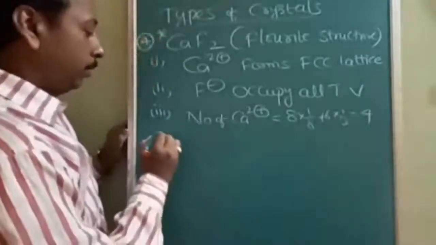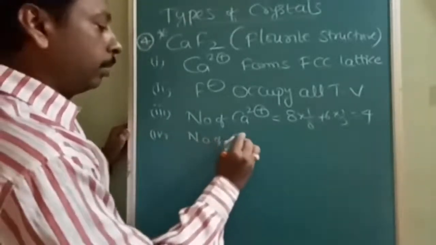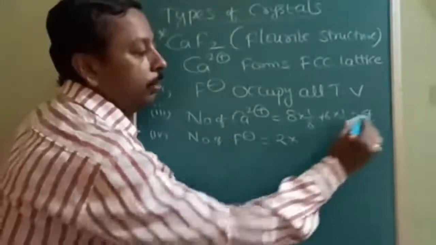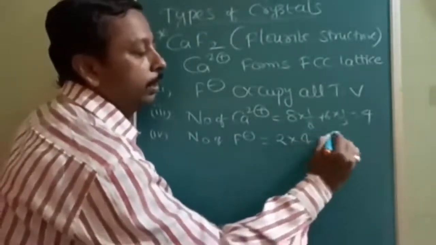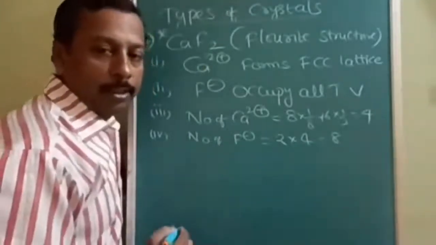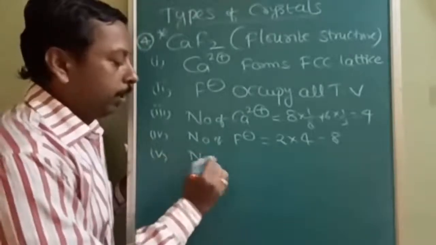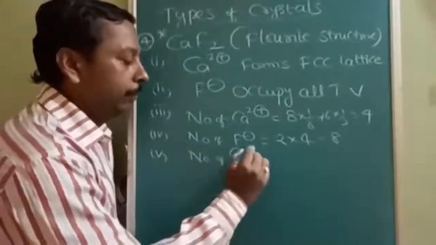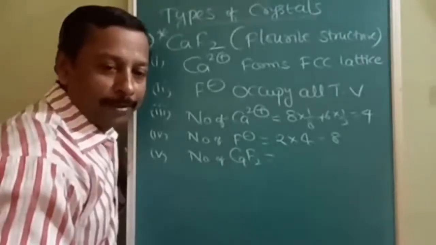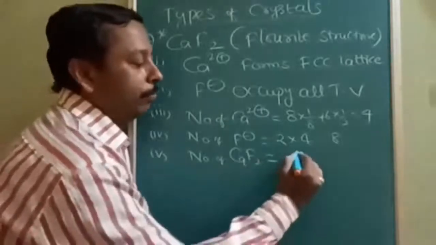Now the next point is the number of F minus. Here all tetrahedral voids are occupied, so 2 into lattice points 4, that is 8. Number of F minus is 8. Any doubt? Now the problem will come. If I ask the number of CaF2, it will be 4.